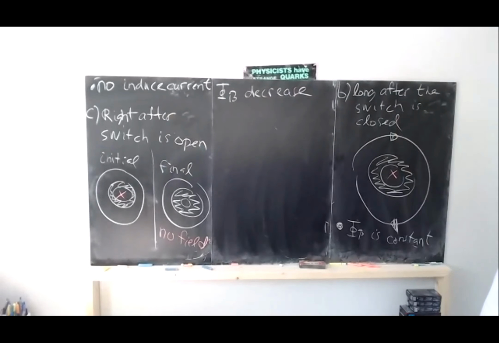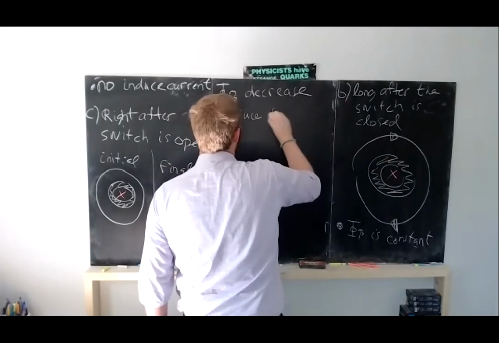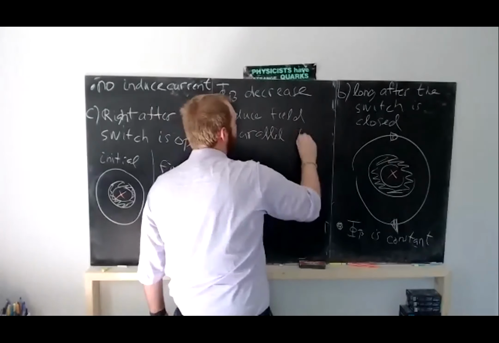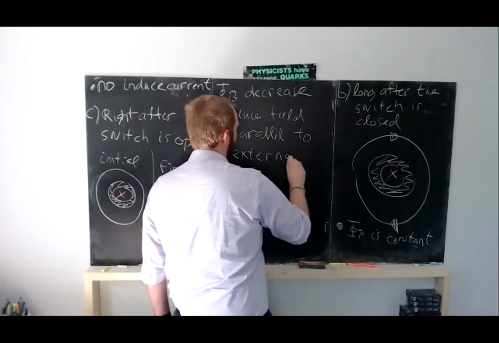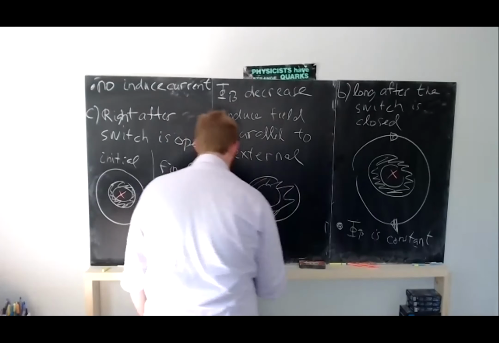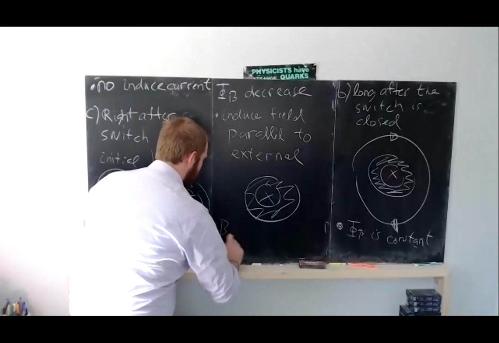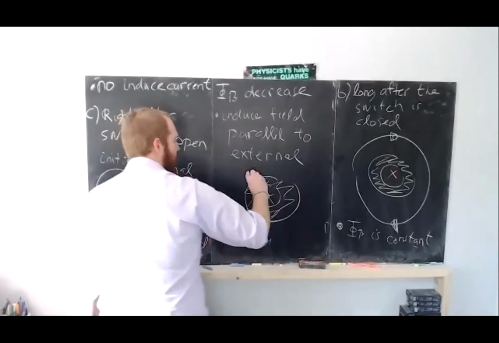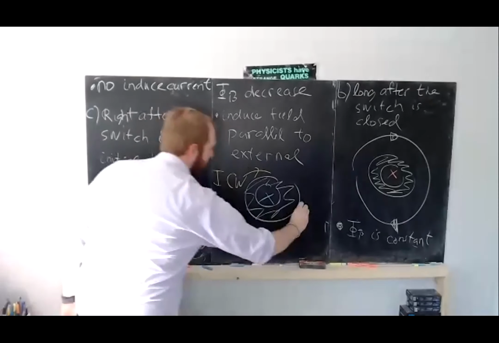We dropped the magnetic flux. Induced field. What's the word I use from Lenz's law? Parallel to the external, which means that this loop is going to suddenly try and create a magnetic field that points in. Which correspondingly means a current that is clockwise.